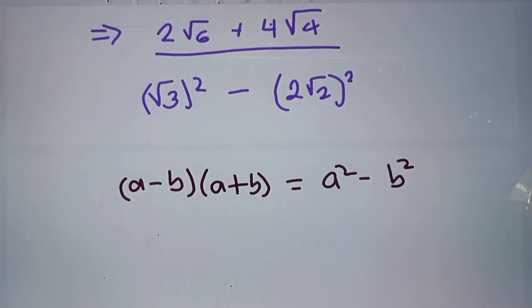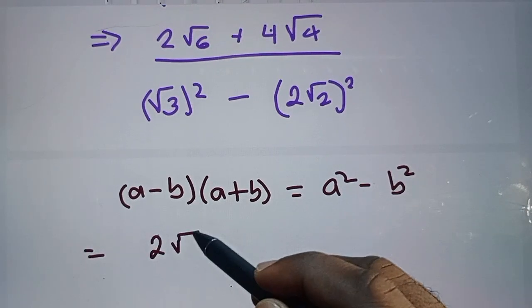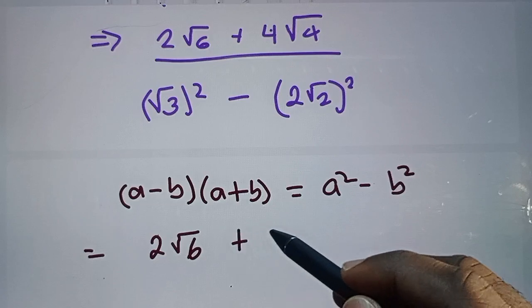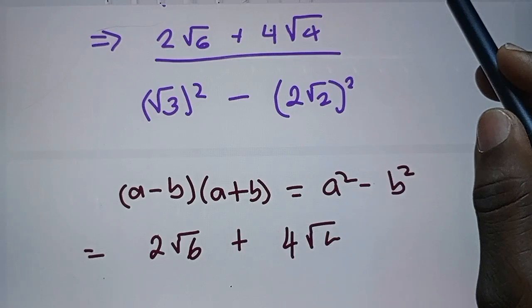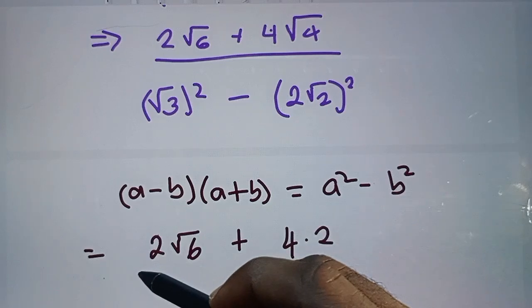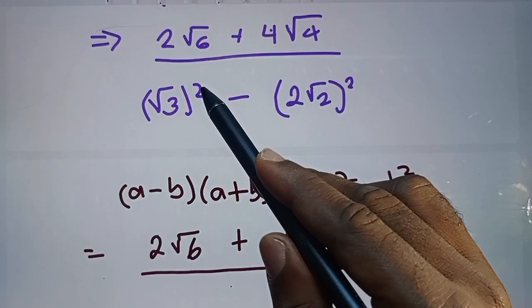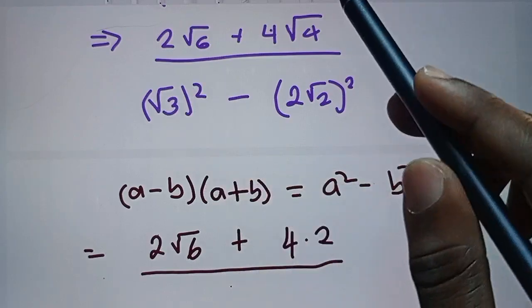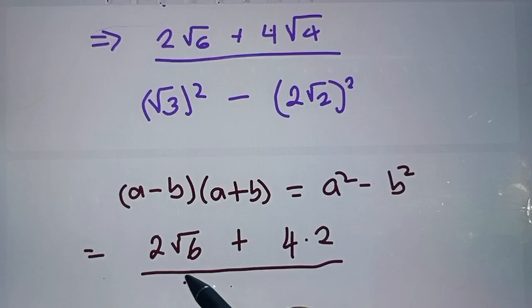Okay? So from there, we're going to have 2 root 6 plus 4 root 4. And you know that root 4 is the same thing as 2. So therefore this will be multiplied by 2. Then divided by, this square, we cancel the square root, we have 3 here.